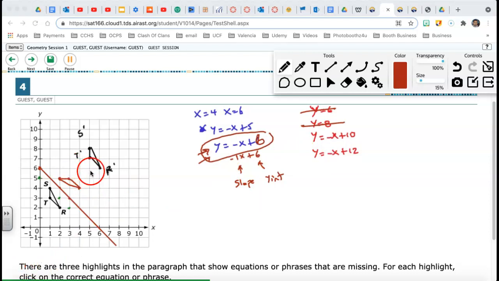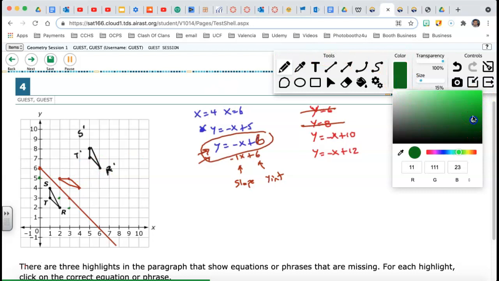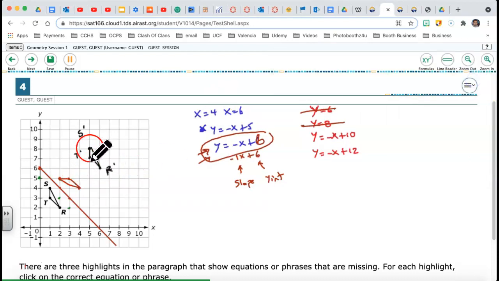So now that we have the triangle, let's get a different color. There you go. Let's find the halfway distance between any two points. I can use R. Remember, this is R, or this is T, or this is S. Let's use that corner. It's only 2 steps, right? 2 steps.